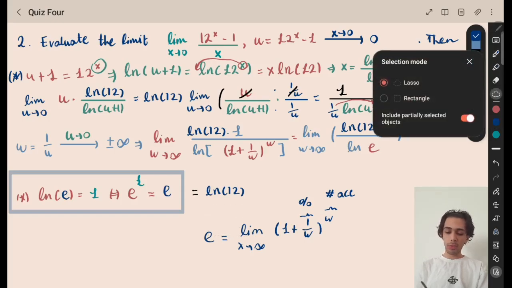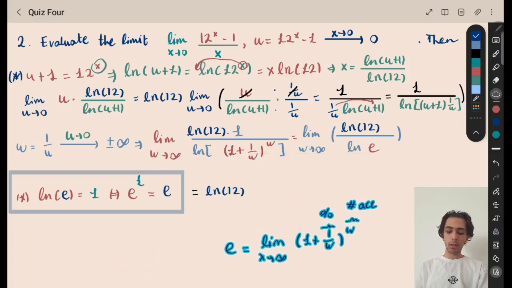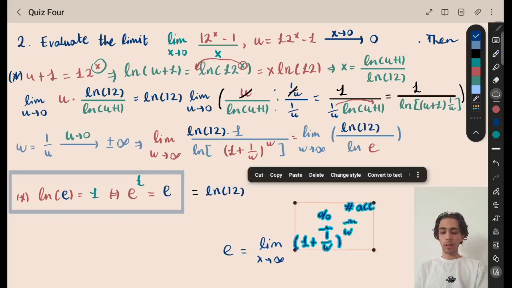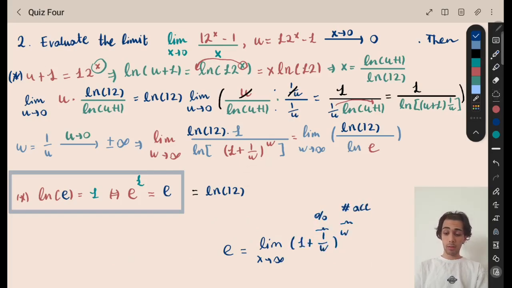Otherwise, if you don't know this fact, I think you'll get an incorrect answer for this exercise, unless you're very lucky and you guess the right answer, of course. In that case, yeah, shout out to you.